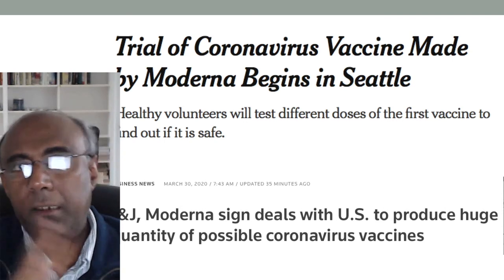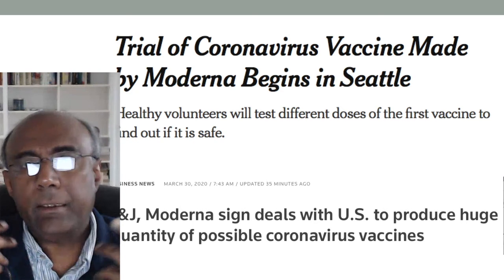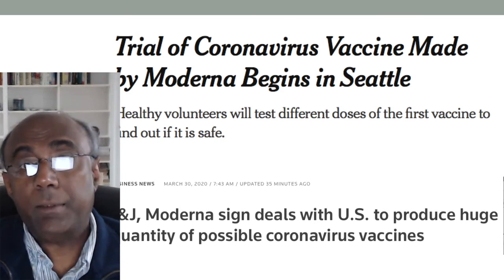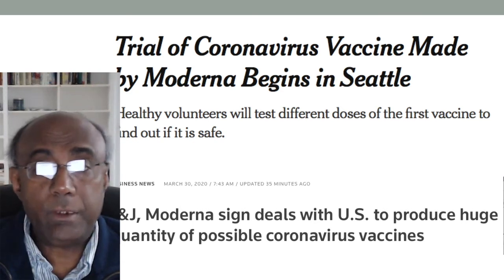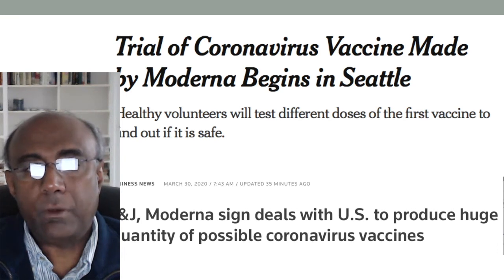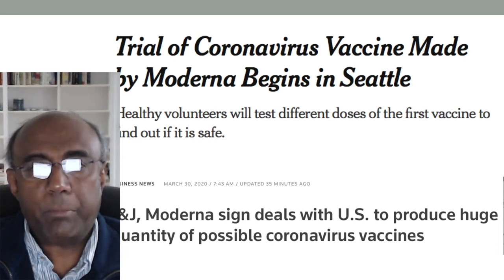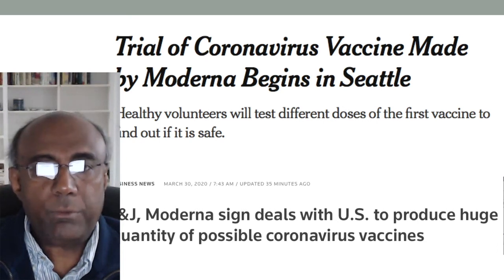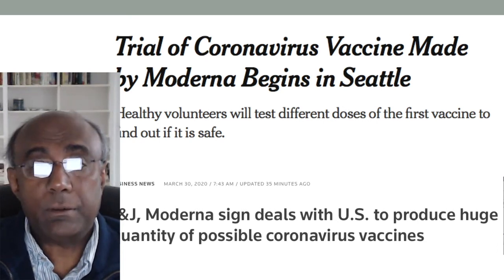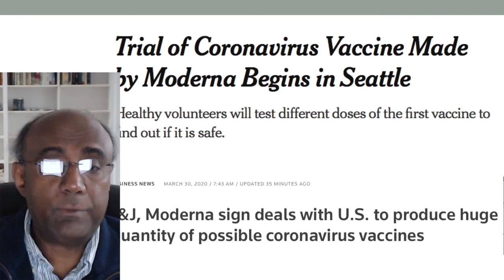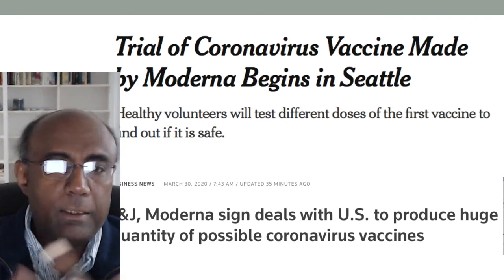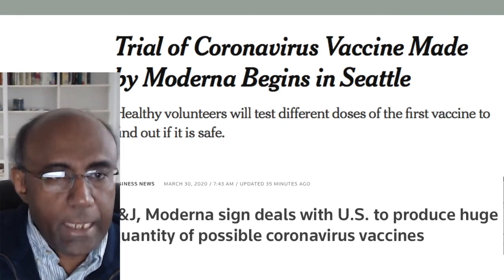So if you think about it, January to September, 9 months. That is now half the time that is normally required for a vaccine. This is great progress, and if we can make this work, we may be much better prepared to handle the pandemics that will come in the future. So that's what we have for now.